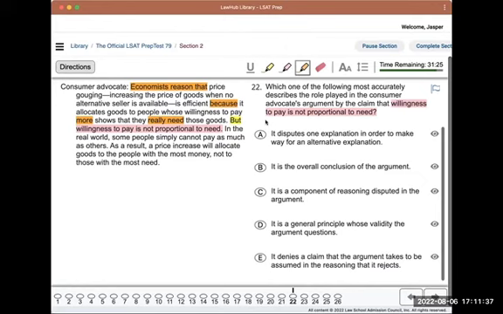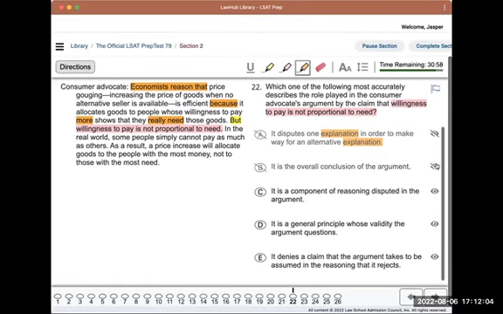No, so we don't really have making way for an alternative explanation. And I don't see this so much as an explanation, rather an argument that price gouging is efficient. It kind of explains why it's efficient, but we're not giving an alternative explanation for that conclusion.